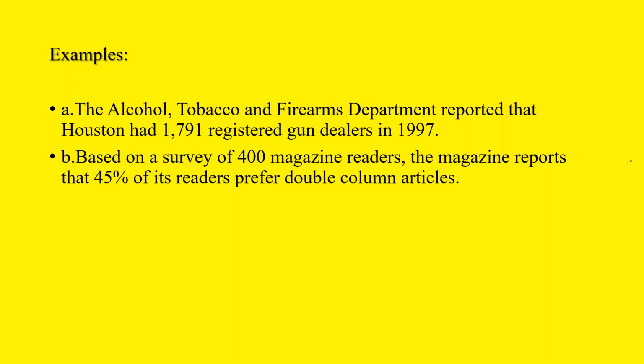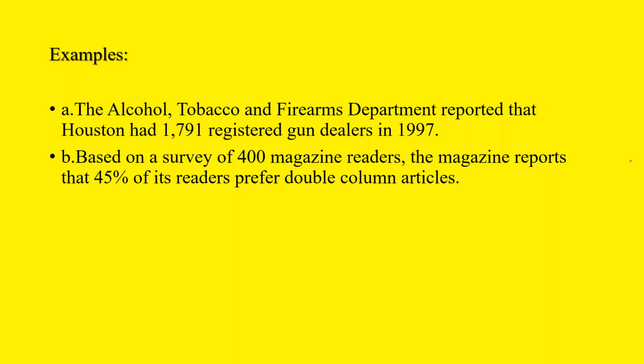So based on these 400 surveyed readers, they got a number, 45%, to conclude. The conclusion is about all readers. Obviously, you can very quickly identify the sample and the population. The sample is 400 magazine readers and the population is all magazine readers. So that's why this 45% is an inferential statistic.